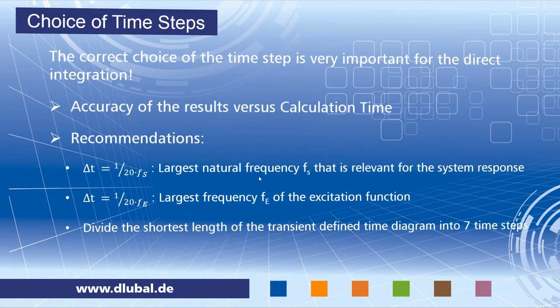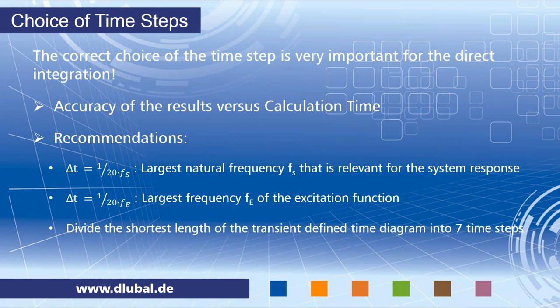Then I already said that the choice of time step is very important. This is a compromise between accuracy of the results versus the calculation time. The smaller the time step, the longer it calculates, but the more accurate the results. There are some recommendations available: you should choose the largest natural frequency of your system that is relevant for the system response, and apply this formula, and then you get a delta t.